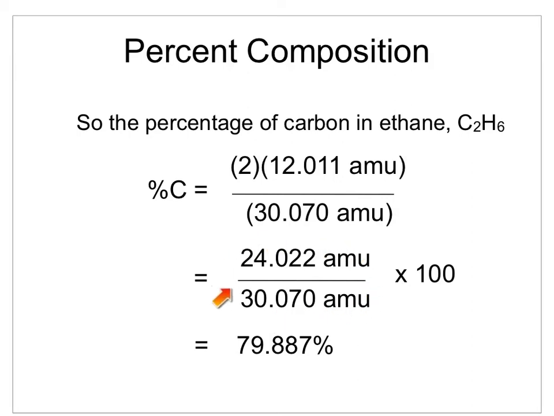This gives us the fraction of the molecule that is carbon, which, when multiplied by 100, gives us the percentage of the molecule which is carbon, and that is 79.887%. If we had 100 grams of the sample, we would have 79.887 grams of carbon in our sample.